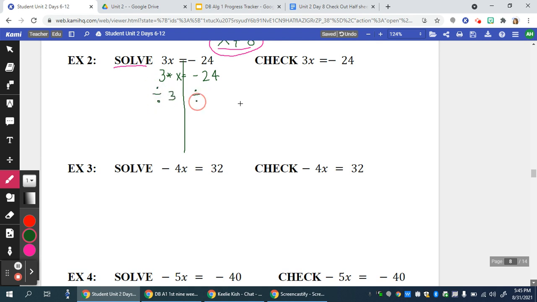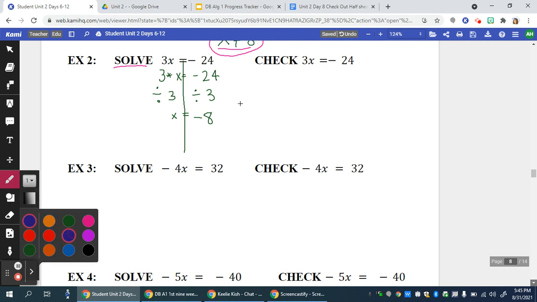So we divide both sides by 3. 3 divided by 3 is 1, so it is 1x. But again, we can just write that as x, so I can get rid of that 1. And x equals negative 24 divided by 3. They are different signs, a negative and a positive, which makes a negative, and 24 divided by 3 is 8. And now we check.